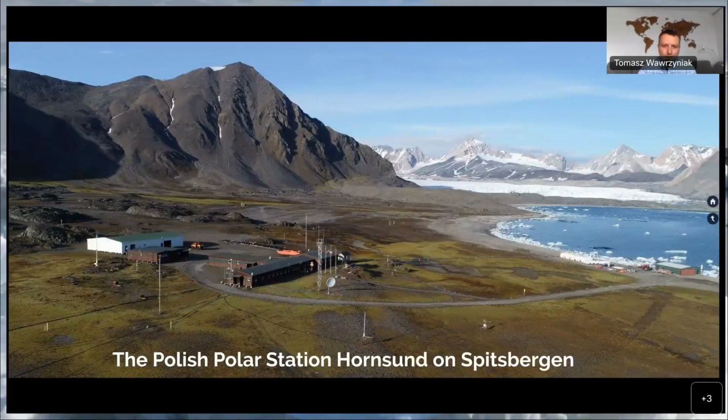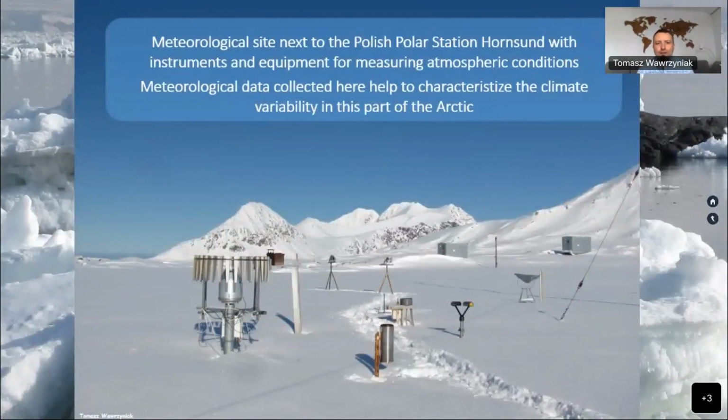And that's the picture of our station, Hornsund, during summer. During spring, you can see the meteorological site with all the equipment that is used for measuring the atmospheric conditions. All data that is collected at this meteorological site helps to characterize the climate of the Atlantic sector of the Arctic.